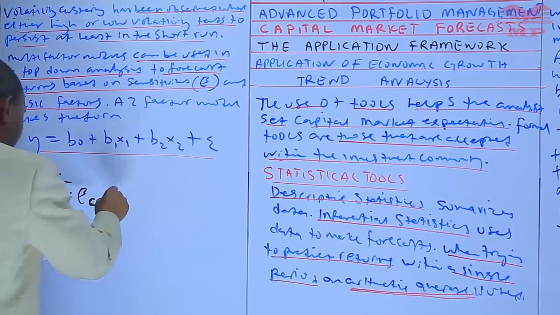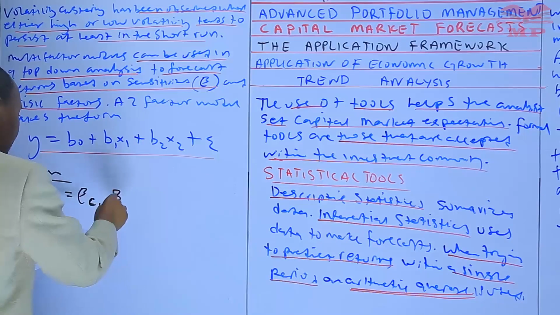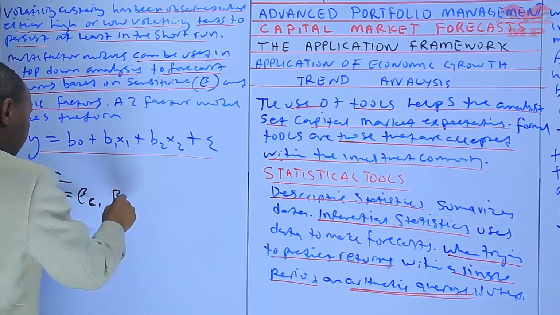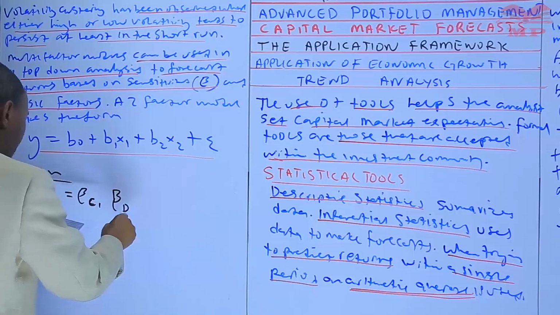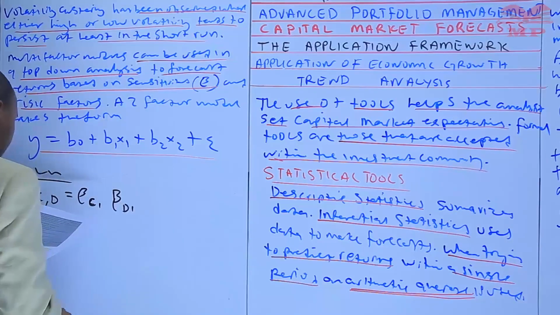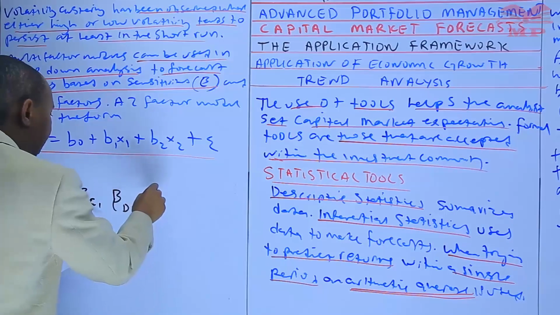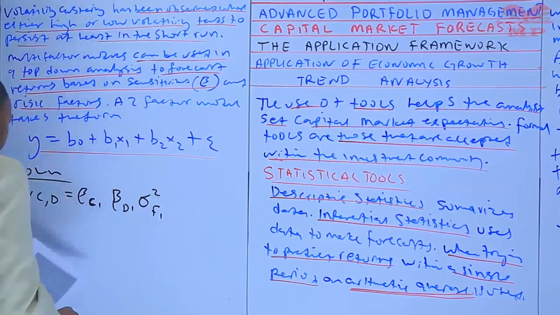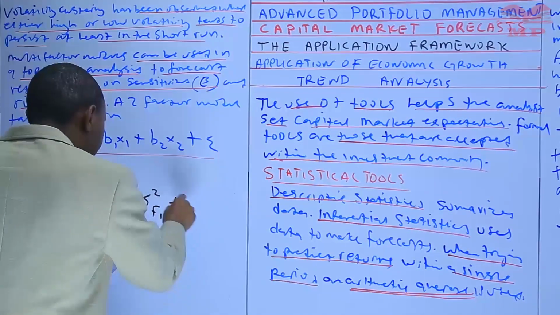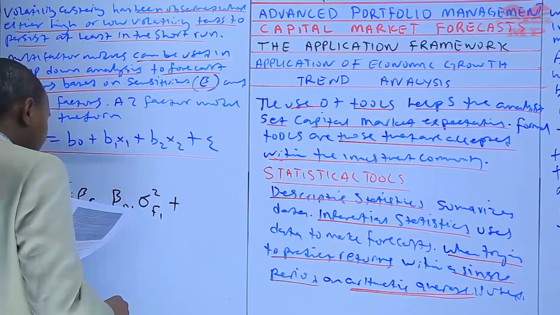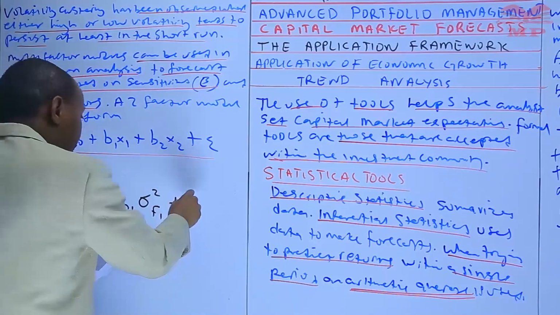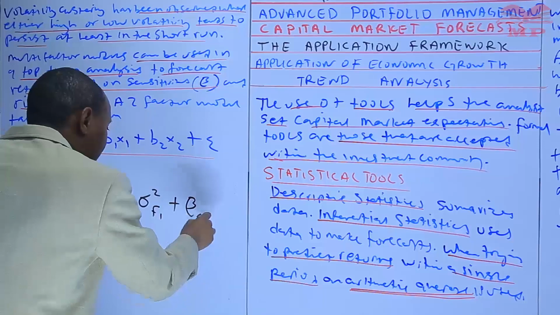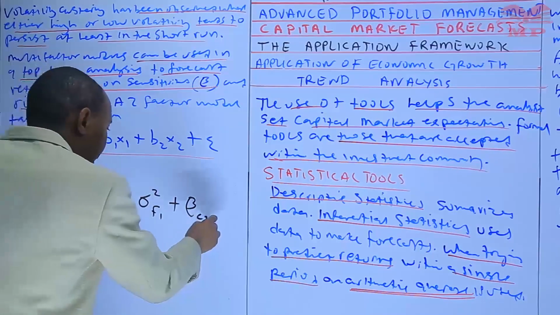Then we multiply that by the beta of market D for the first factor times the variance based on factor 1. Then to that we add the beta for market C, second factor.